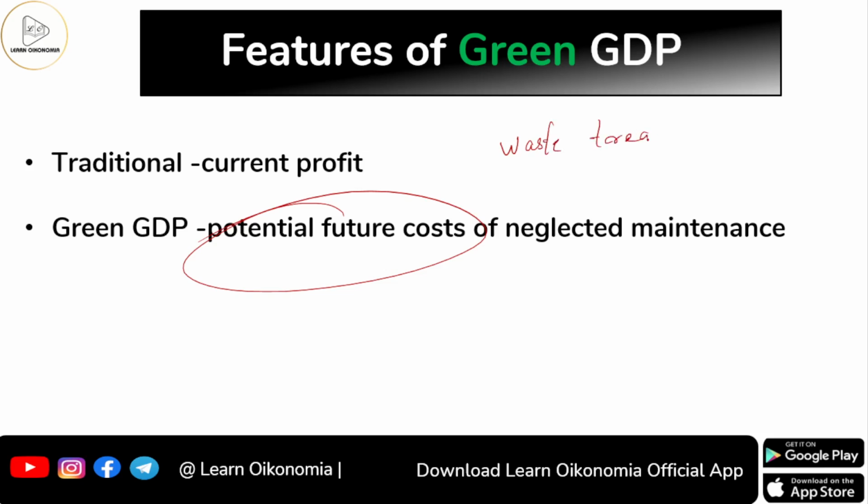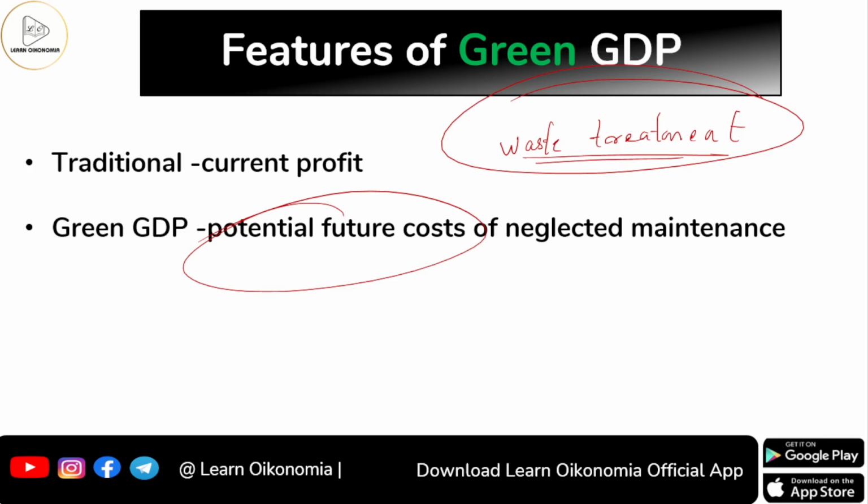Sometimes the company might install this equipment for waste treatment, but after some point of time depreciation would happen, isn't it? So the company's waste treatment equipment might not be functioning well. In that instance, what will happen if the company is not going for any maintenance cost? What will happen if the company is not replacing the damaged equipment with new equipment?